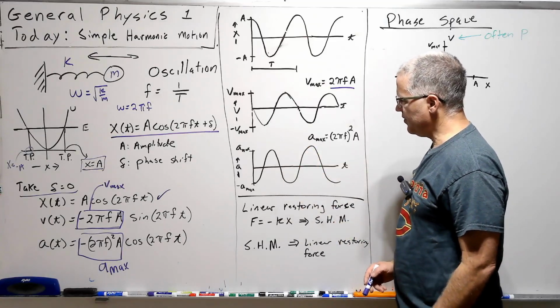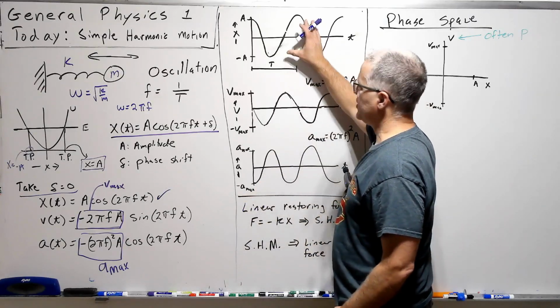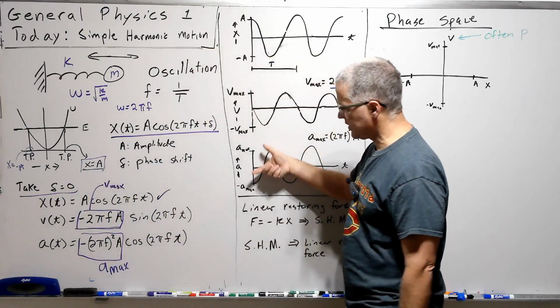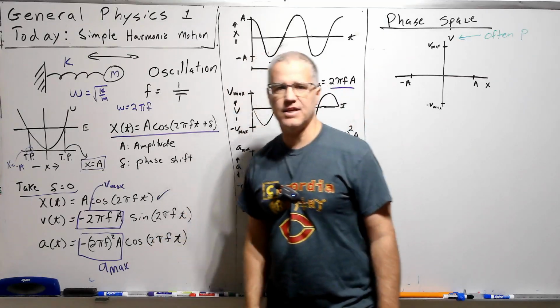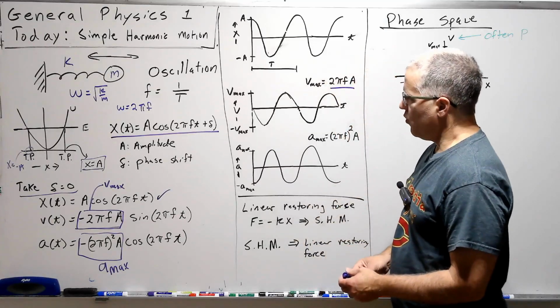acceleration. So the acceleration, again, just mathematically, is negative cosine. And it's going to be just like this cosine, but flipped upside down. And then the amplitude is going to be determined by the A max. So what do we see here?